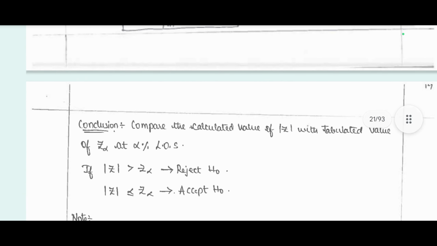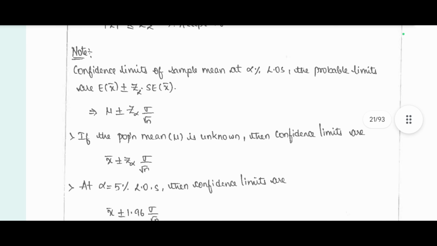So conclusion: you have to make a conclusion for each and every test. Compare the calculated Z value with the table value of Z alpha at alpha level of significance. If the Z calculated value is greater than the Z tabulated value, then we reject the H naught. If modulus of Z is less than or equal to Z alpha, that is the table value, then we accept the null hypothesis.